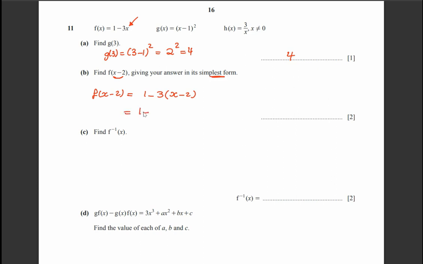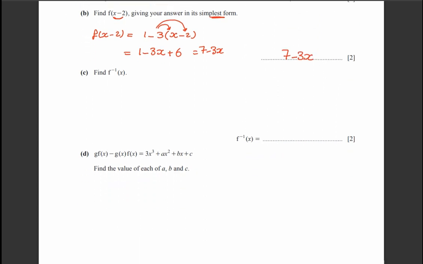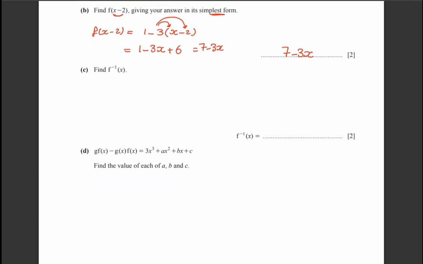So it will be 1 minus 3 multiplied by x, it will be minus 3x. Then negative 3 multiplied by negative 2 will be positive 6. So we have to simplify it more. 1 plus 6 will be 7 minus 3x, and put it here.